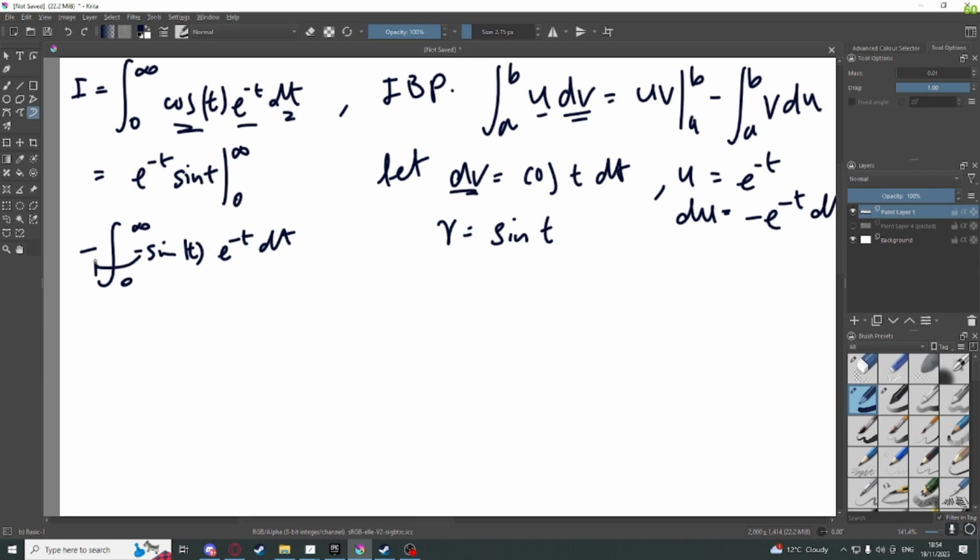I'm just going to pull that negative out and bring it to the front, so this becomes negative 1. So I can just erase that there, and this just becomes a plus.